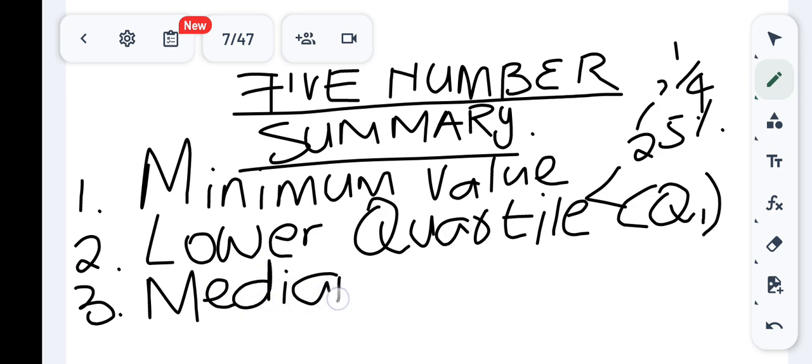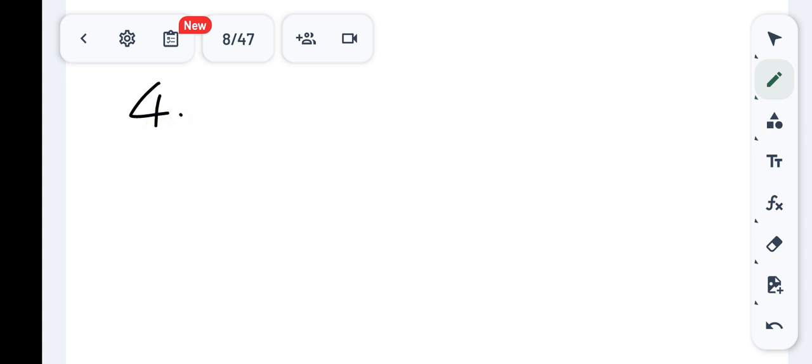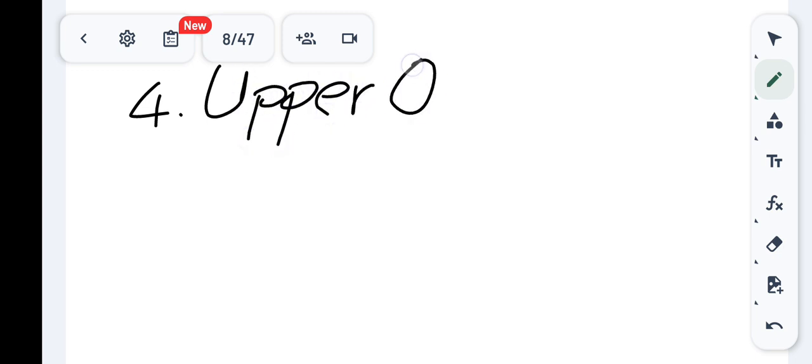So at least by now you know what is median. Median is denoted by Q2: Q1 lower quartile, Q2 median, and then number 4 of the number summary is what we call upper quartile. So what is upper quartile?